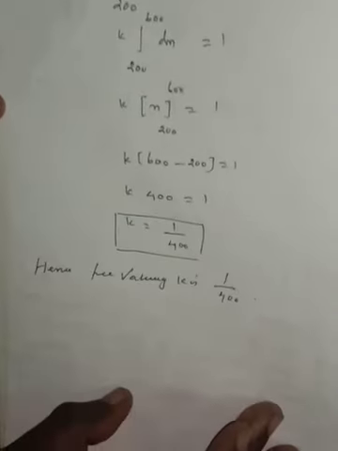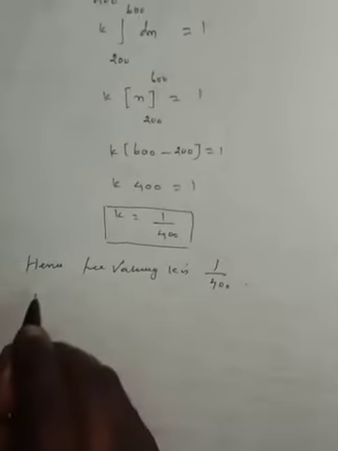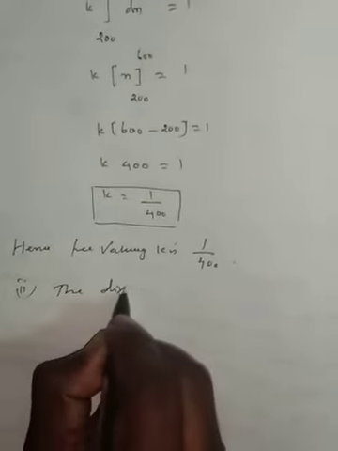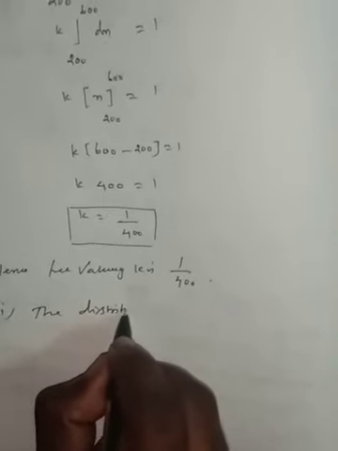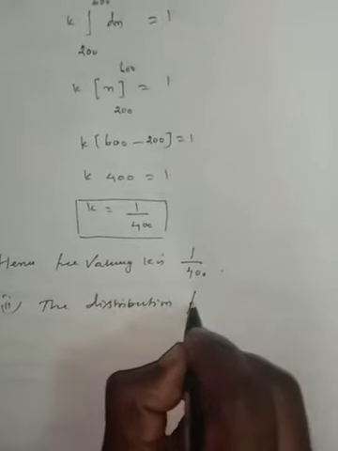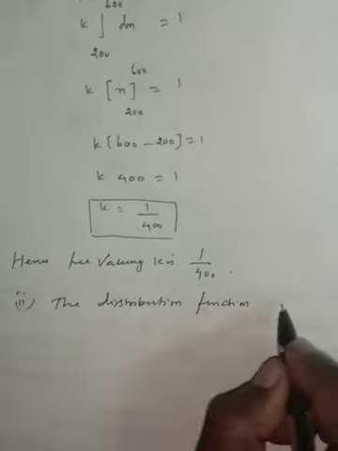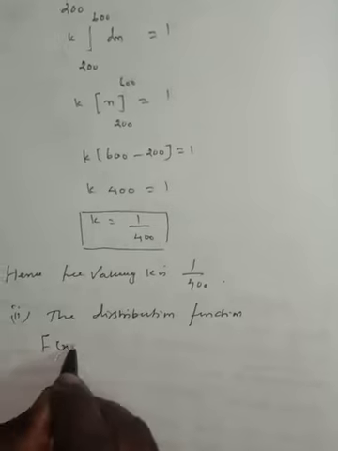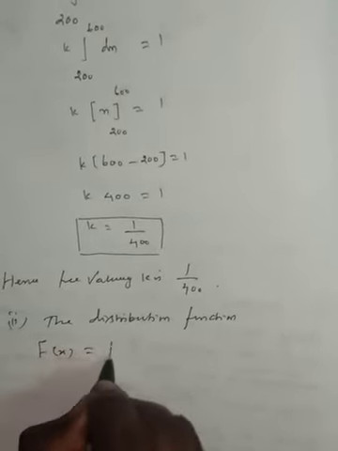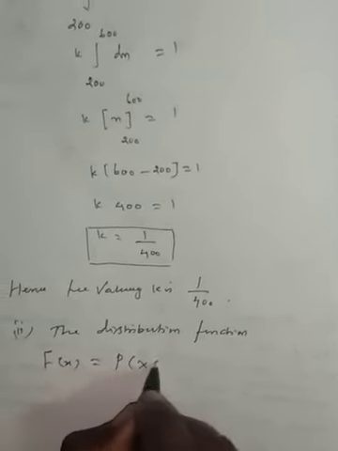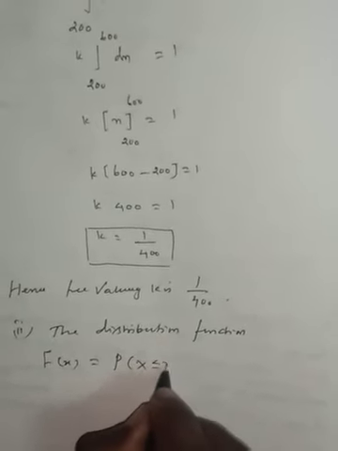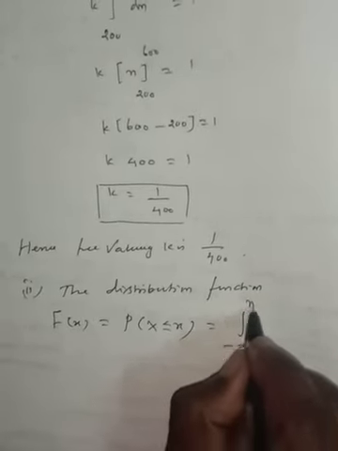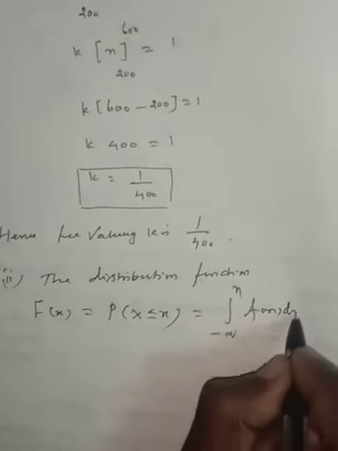Question number 2. The distribution function. The distribution function, capital F of x, is equal to probability of x less than or equal to small x, is equal to the integral from minus infinity to x of f of x dx.